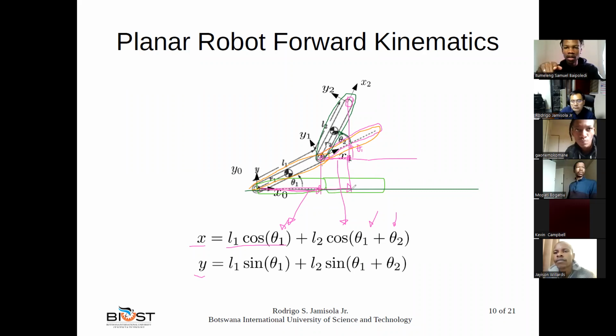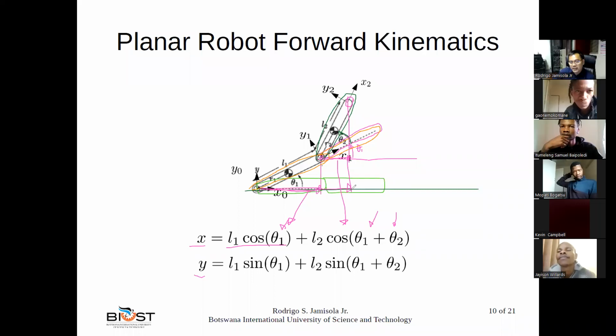Yes, sir. I was asking, with the increase of links, we keep adding L1, L2, and keep increasing the number of thetas in each bracket going forward, right? Yes, that is the geometric interpretation. It just so happens because the links are connected by rotational joints and they're on the plane, so the answer is yes.